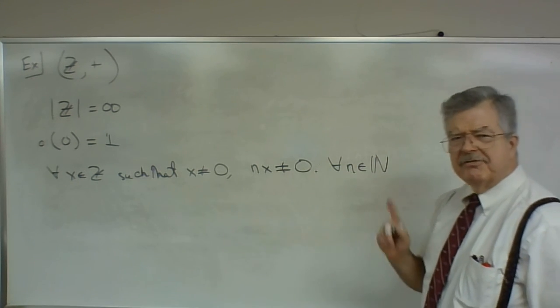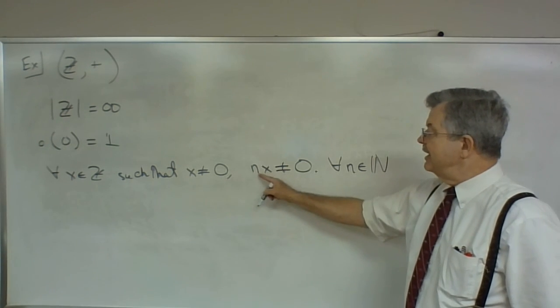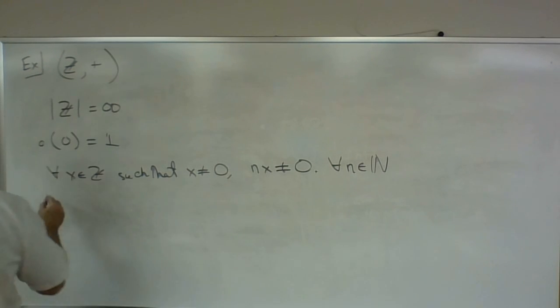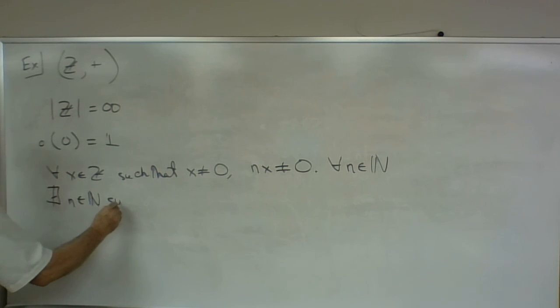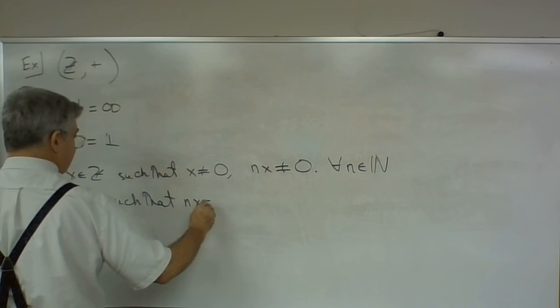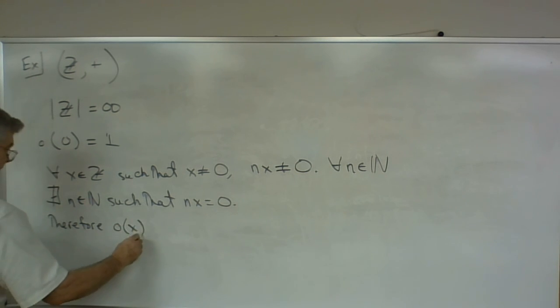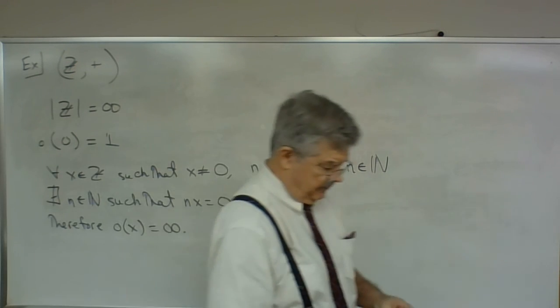So in other words, there is no least natural number n such that nx equals 0. So the order of x is equal to infinity.